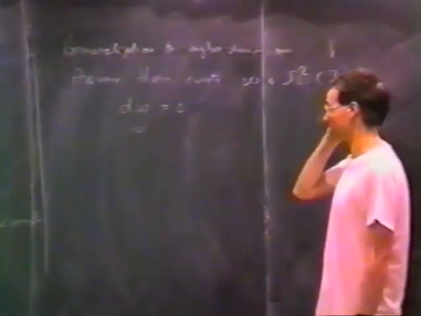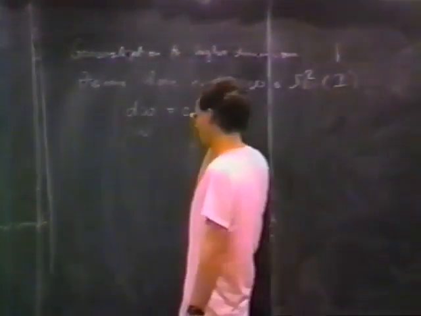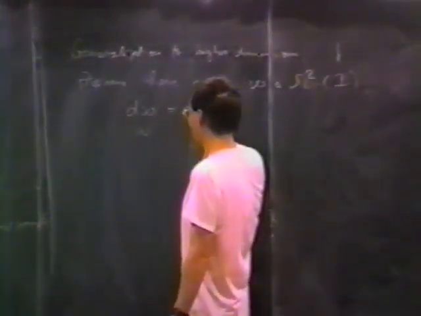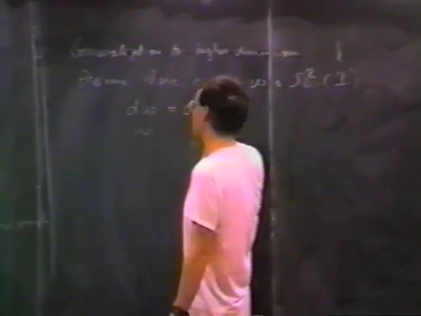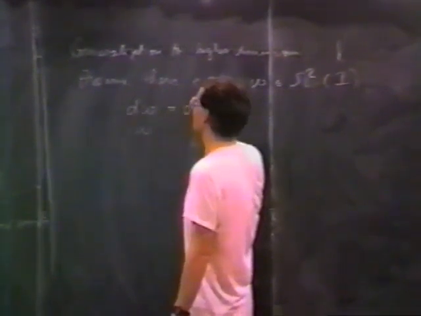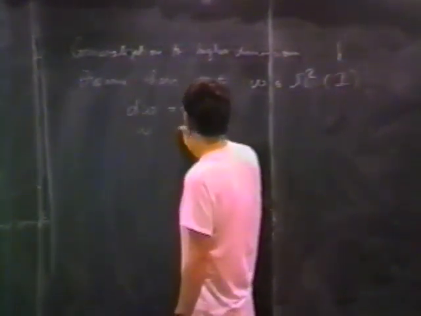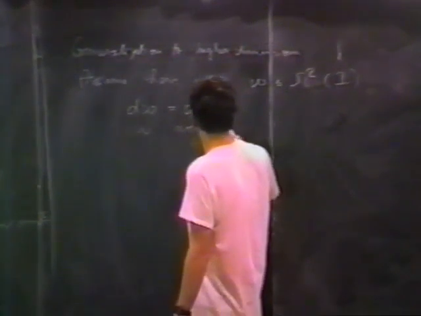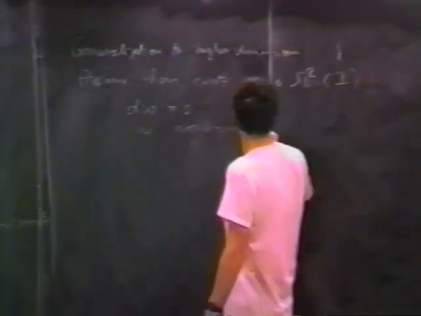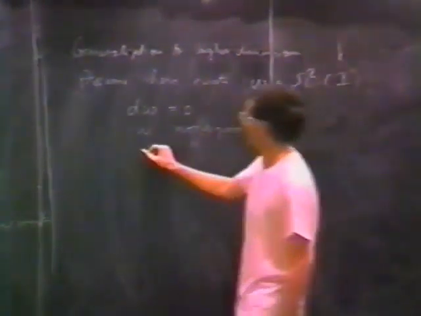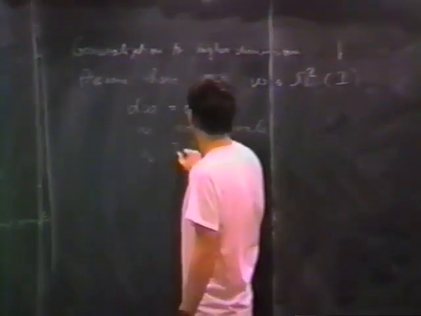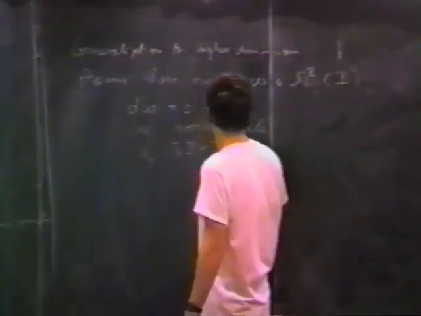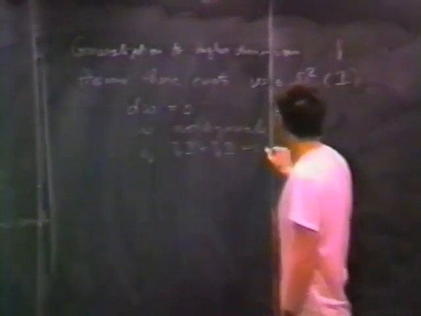And I wanted a similar statement here, but I have to not only assume that it does not vanish, but that it is non-degenerate everywhere. And non-degenerate here means it is non-degenerate as a bilinear form on each tangent space.